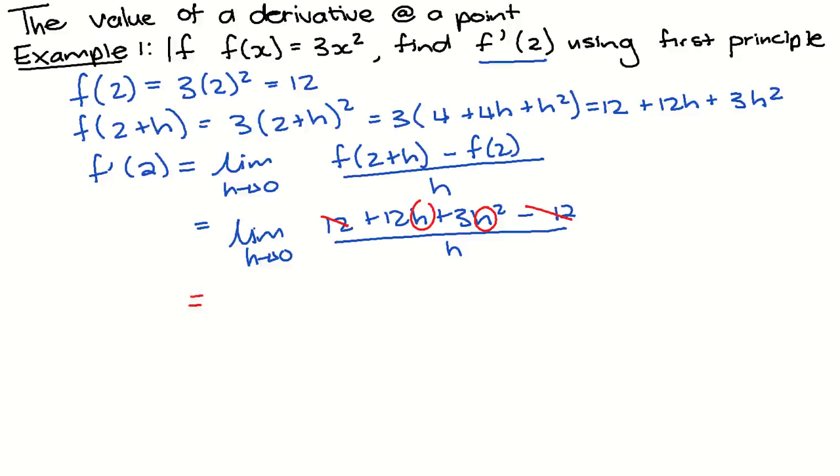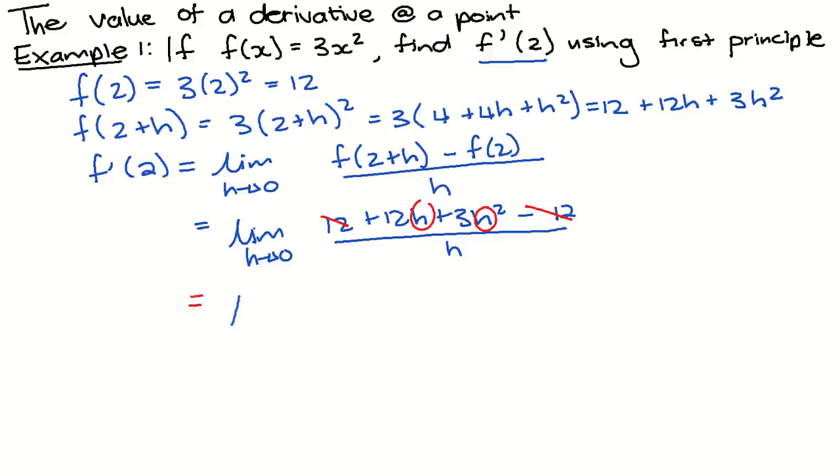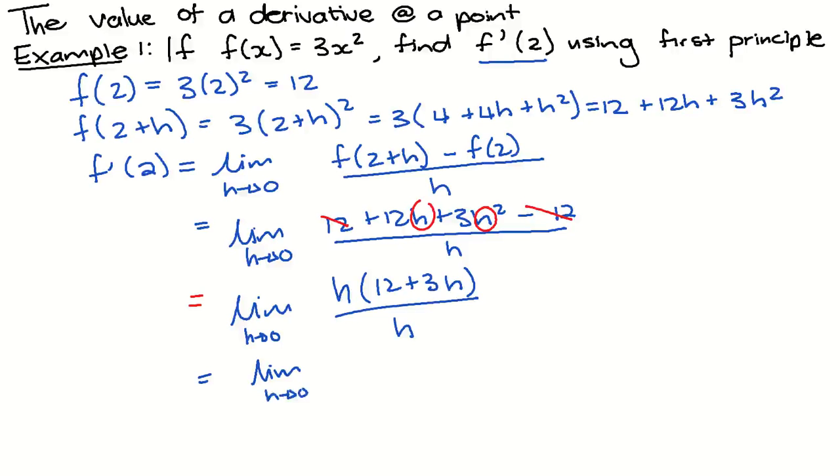Okay, so, oh, wrong color. We've got our limit 12h plus 3h squared. Sorry, let's go take out that h first. We end up having 12 plus 3h all over h, and my h tends towards 0, which is equal to limit h tends towards 0.